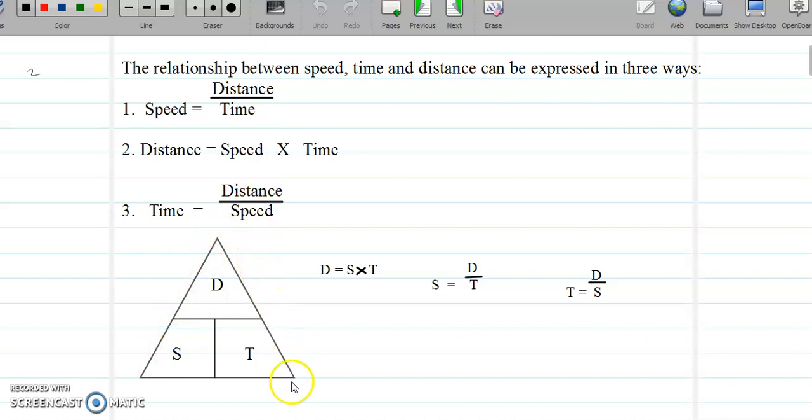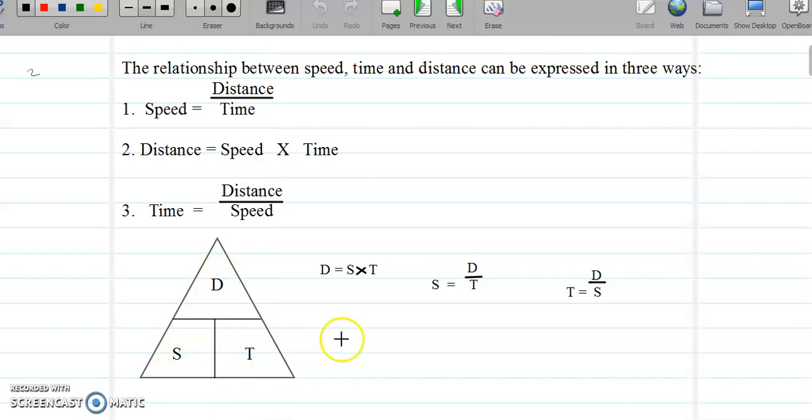This triangle helps us memorize it easily. D is distance, which is s times t, speed times time. Speed is distance over time, while time is distance over speed.